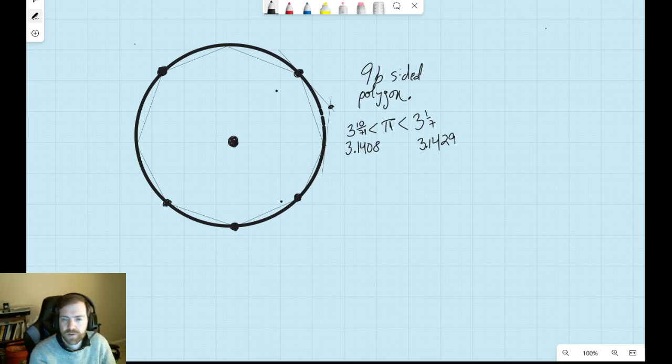And if we take the average of these two, the sum of 8 and 29 is 37, divided by 2 gets us 18.5. So 3.14185. And 3.14159 is not terrible.